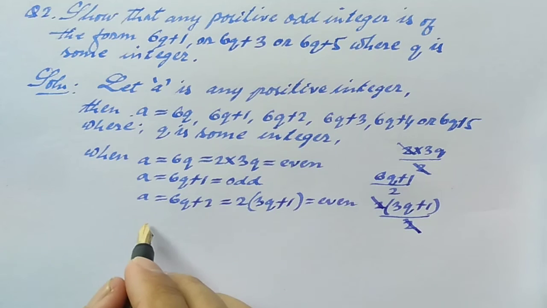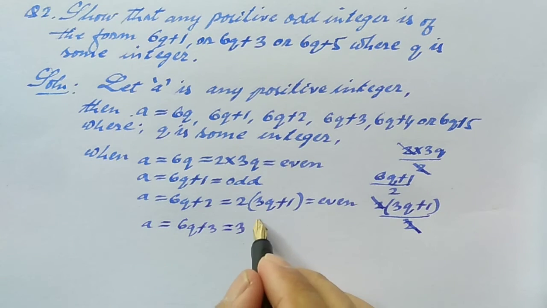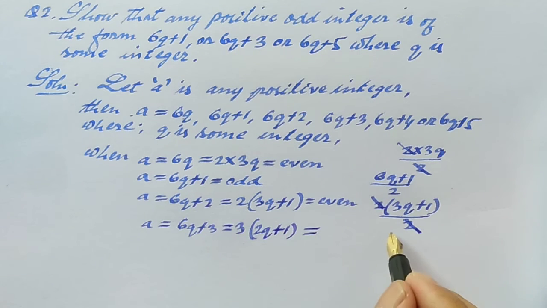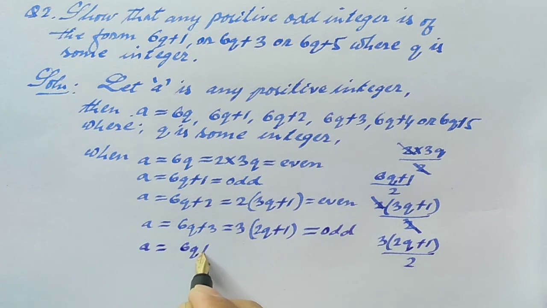Now let's come to 6q plus 3. So we take 3 common: 3 times (2q plus 1). Now let us check 3 times (2q plus 1) divided by 2. It is not possible, so it is an odd integer. Now a is equal to 6q plus 4.